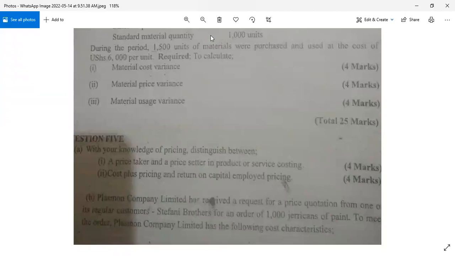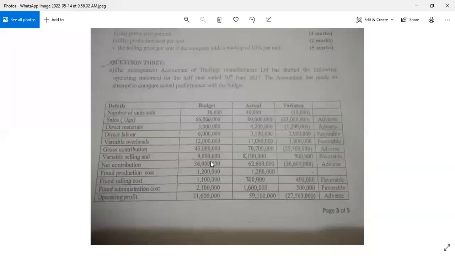Okay, I won't spend much time on it because we already discussed this, flexing of the budget. Yes, since I've just talked about variances and they're here, I thought I could say a word or two on this. So you're given a budget, maybe just go to the required bit. What do they want?